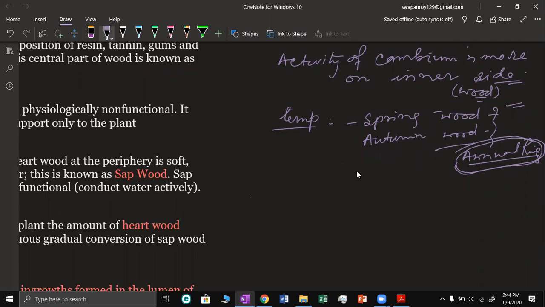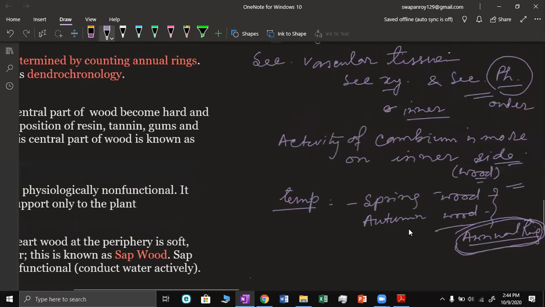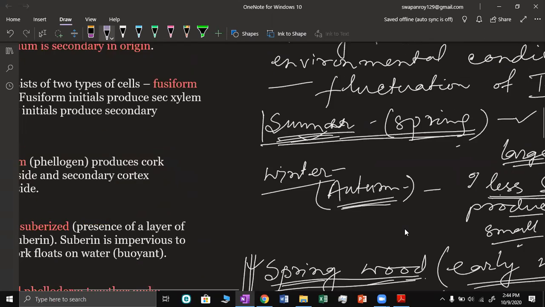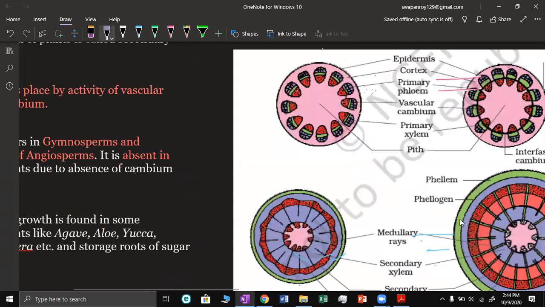Okay, another thing is that as the secondary growth takes place, naturally more tissues are produced on the inner side, and on the inner side the space is less, is it? There is a limit in the space, isn't it? So what happened?